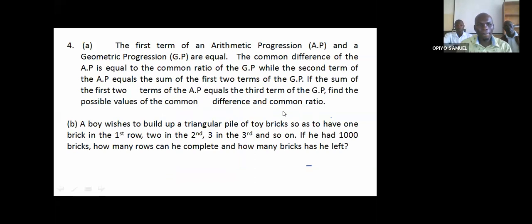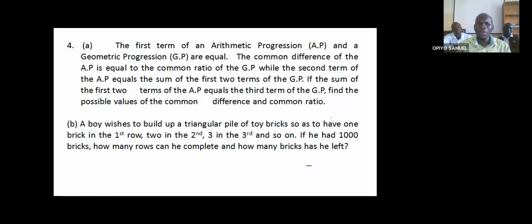Then number 4. Number 4 is still algebra, and this is series. We have the question. The first terms of an arithmetic progression, AP, and a geometric progression are equal. So the first term for both the geometric progression and arithmetic progression is just one number.